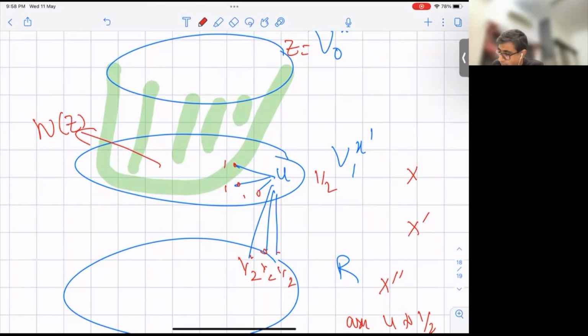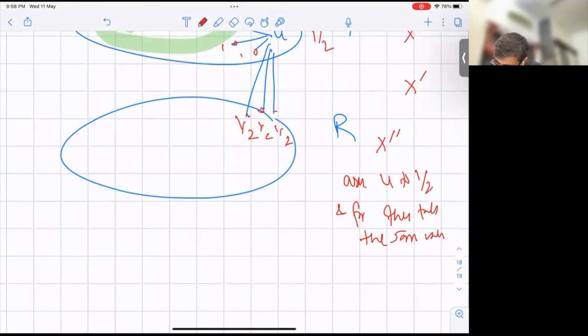So look, here's X prime, and here's the weight of X, which is an optimum LP. The weight of X prime is the weight of X plus half. What is the weight of X double prime?